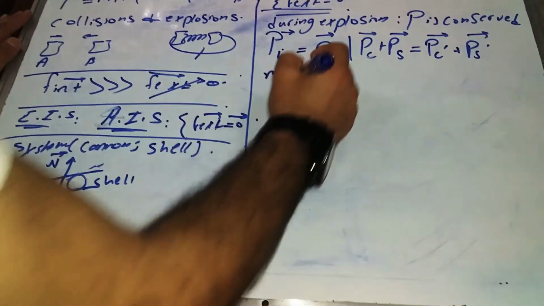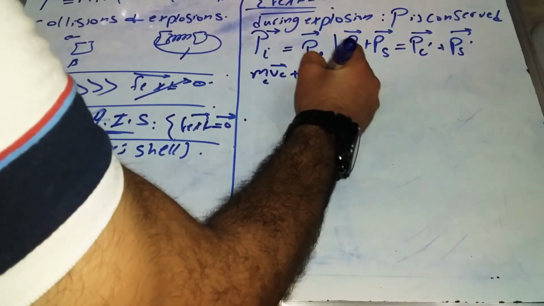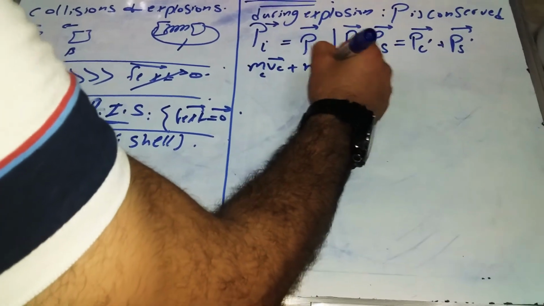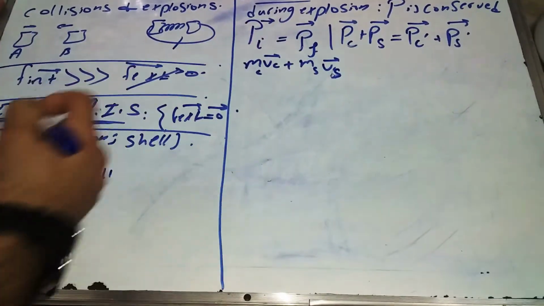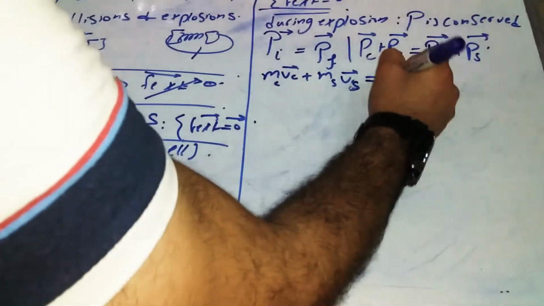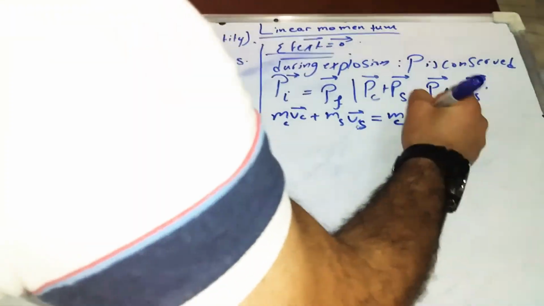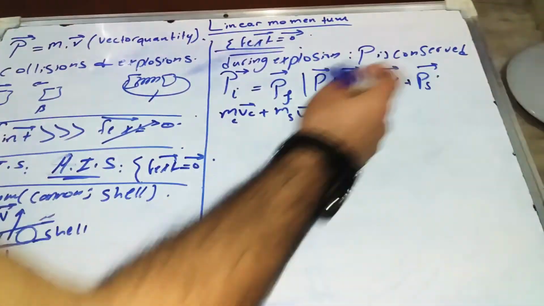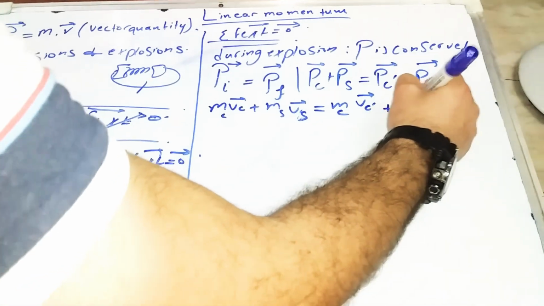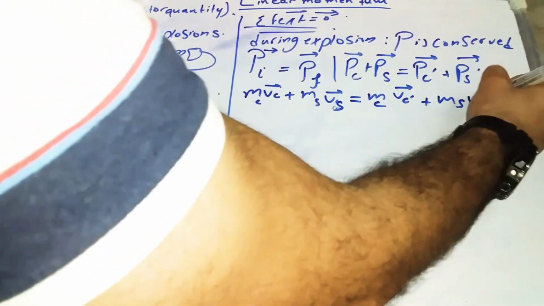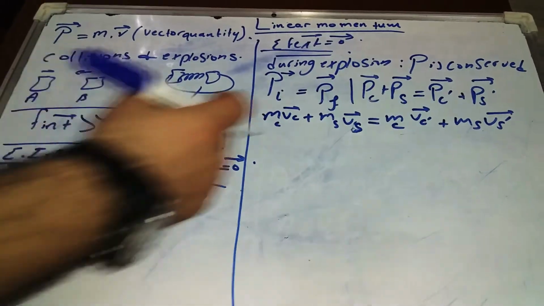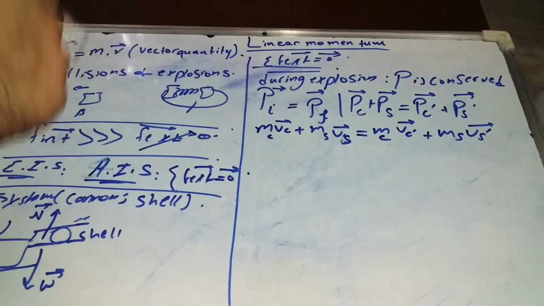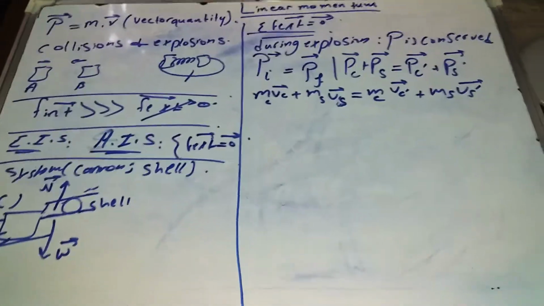This is equal to mC VC of the cannon initially plus m shell, the velocity of the shell initially, is equal to the mass of the cannon multiplied by VC prime plus m of the shell multiplied by the velocity of the shell after the explosion.